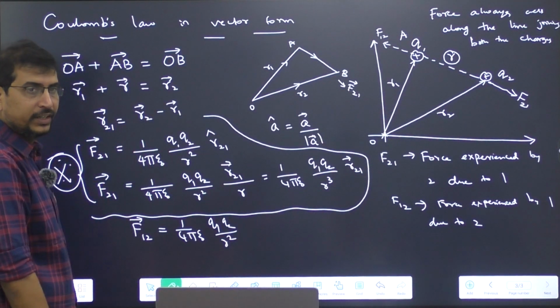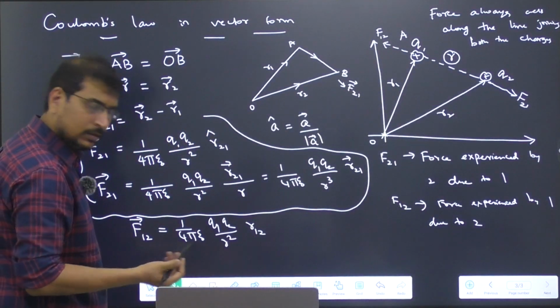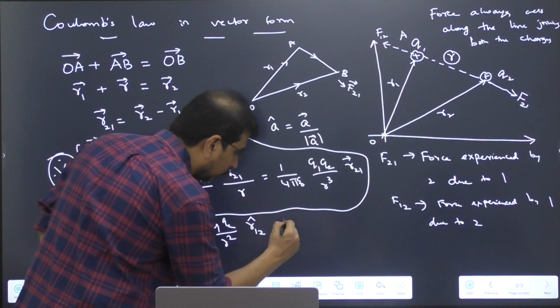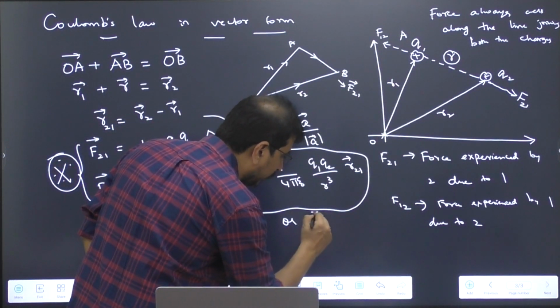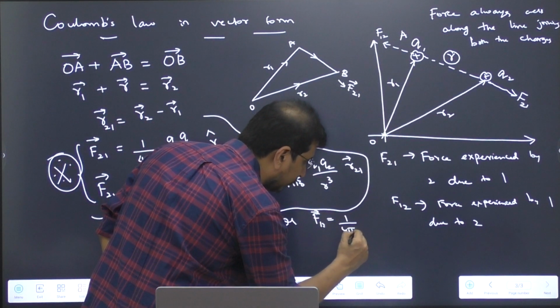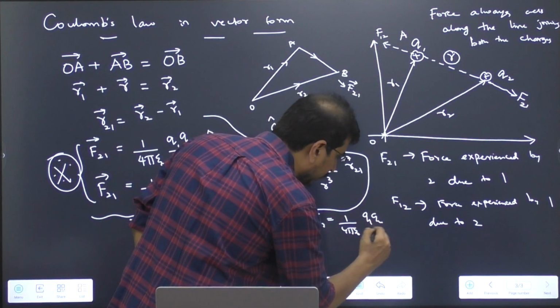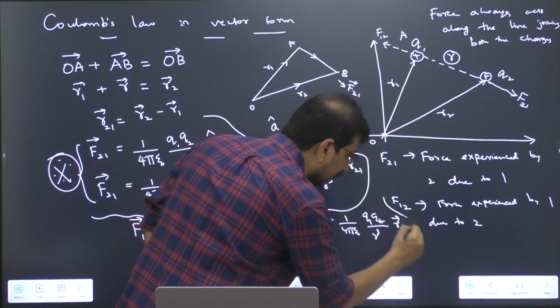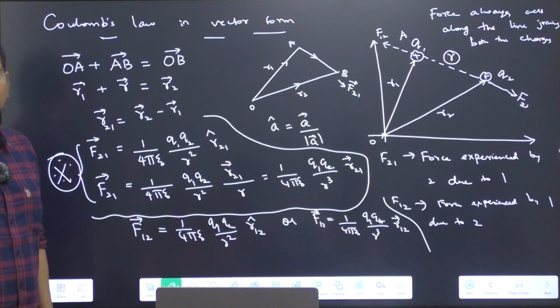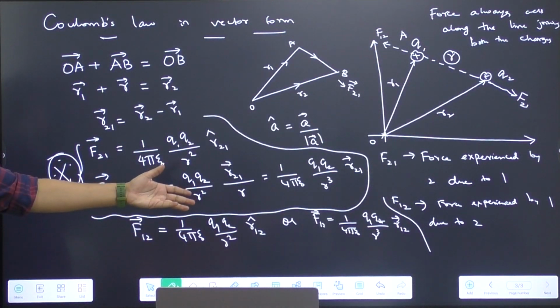If I write it, what should I write? R12 with a cap on top of it. Or if I write the same thing, F12 in the form of vector, I'll write it as 1 by 4 pi epsilon naught into Q1, Q2 divided by R cube, if it is R12 in the form of a vector, R12 vector. Right? It's as simple as, you know how to derive it already.